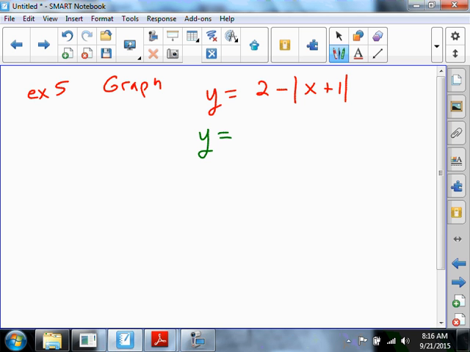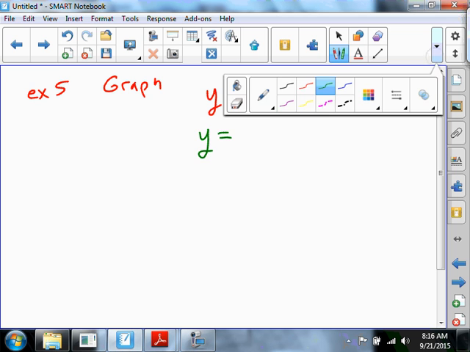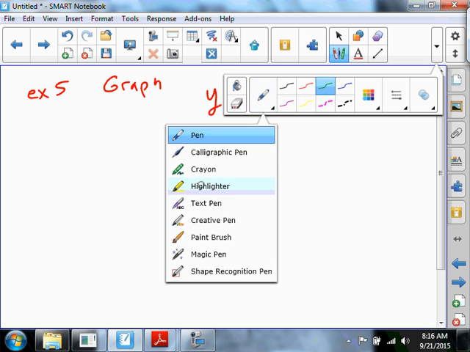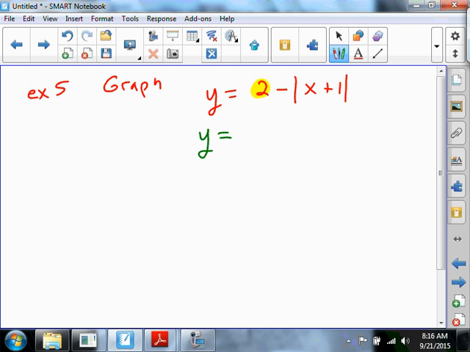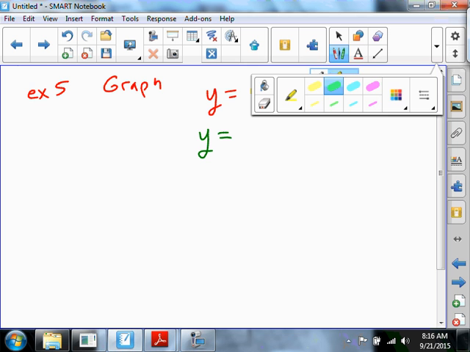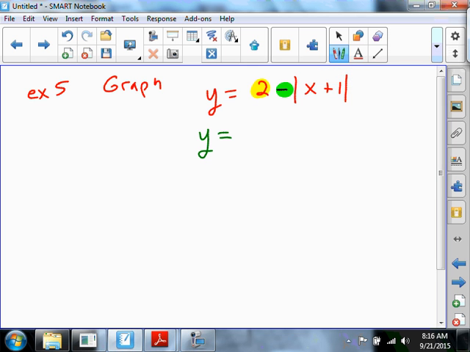Let me highlight each term so that we understand what's going on here, because this is a little bit different. This 2 is a term, and then there's a coefficient. This -1 is the coefficient, so that really makes that thing a term.